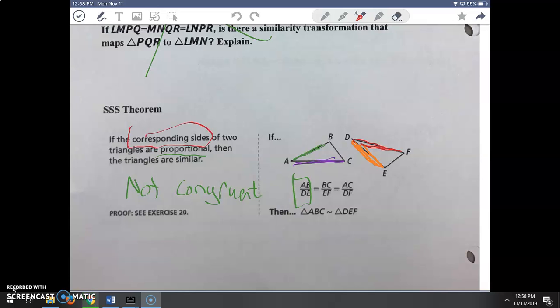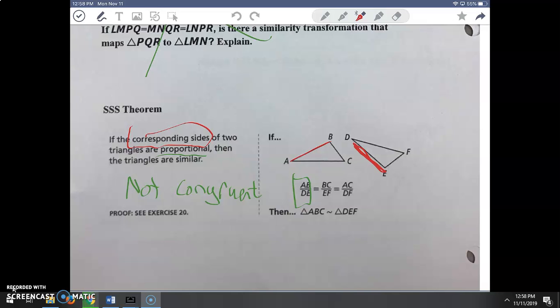When I talk about AB, its corresponding side, which is basically the same side but on a different triangle, is going to be this one here. Those are corresponding, so I'll put one over the other.